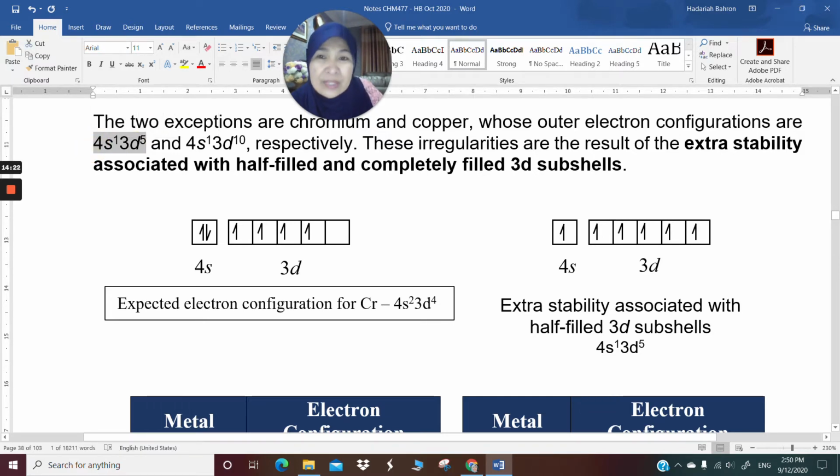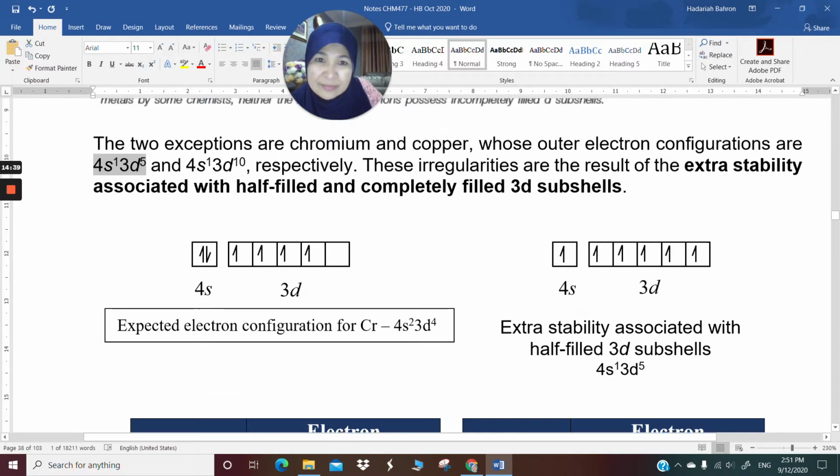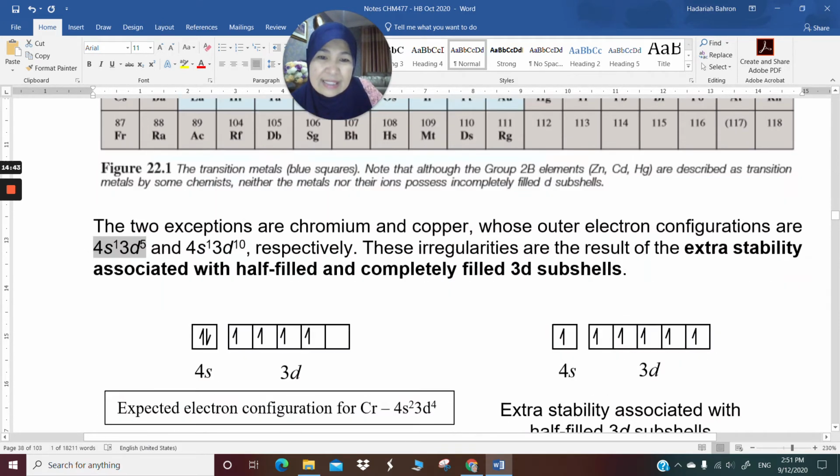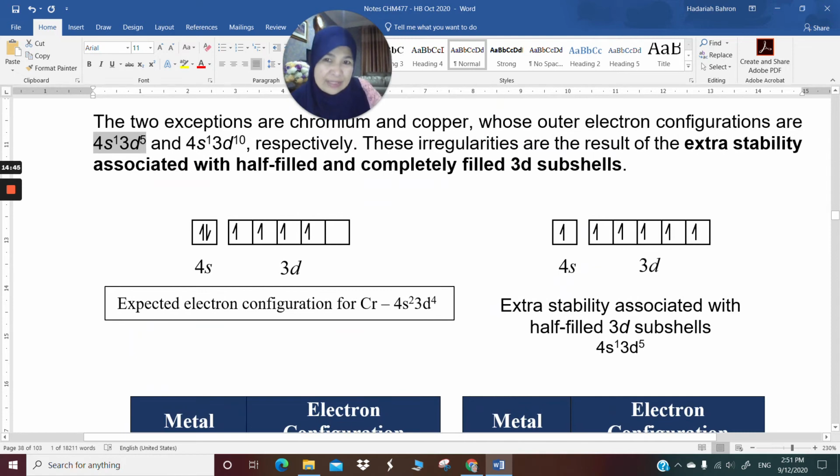And there is also an extra stability associated with full d orbitals. That is why you have copper instead of 4s2 3d9. Yep, this is d9, this is d10. Instead of 4s2 3d9, copper is 4s1 3d10.